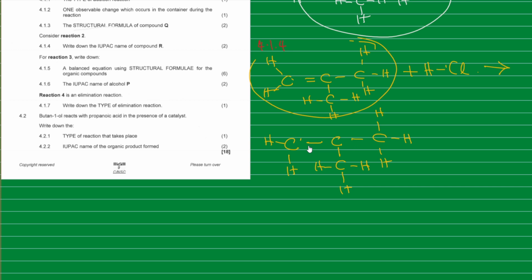So each one has got 3, which means, since carbon must have a maximum of 4 covalent bonds, we need an empty bond. I will indicate it with that red color there, and here there is an empty bond. So when we break the double bond, it creates 2 extra empty bonds. Those empty bonds are the ones that are going to be filled by H and Cl.